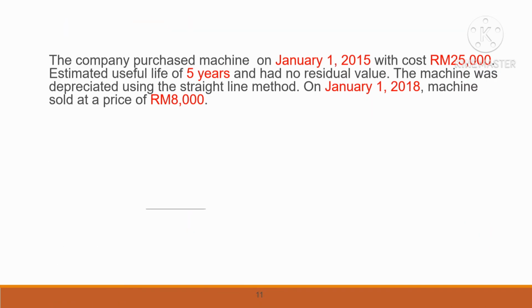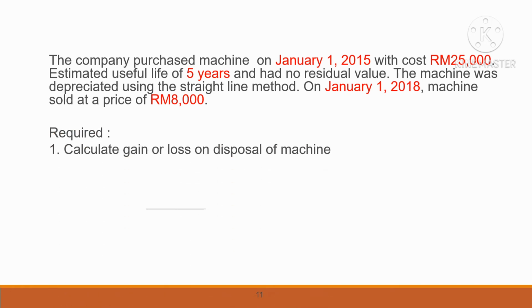Another example, the company purchased a machine on 1st January 2015 with a cost of 25,000. The estimated useful life is 5 years and no residual value. And on January 1st, 2018, the machine was sold at a price of 8,000.